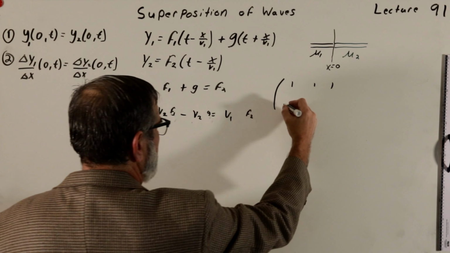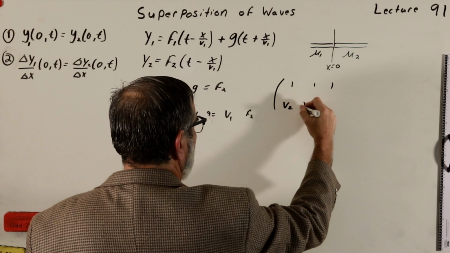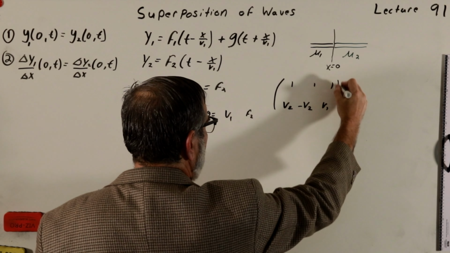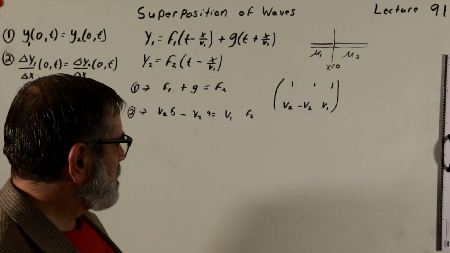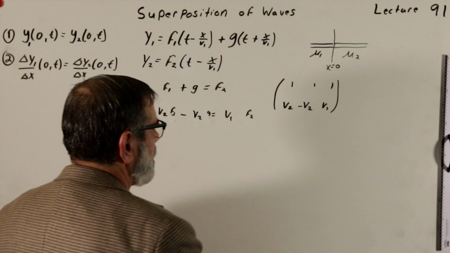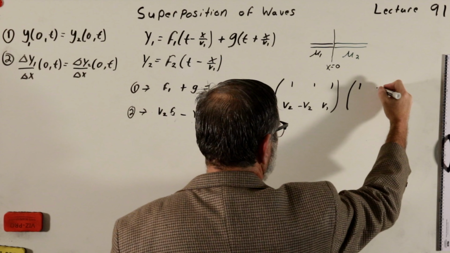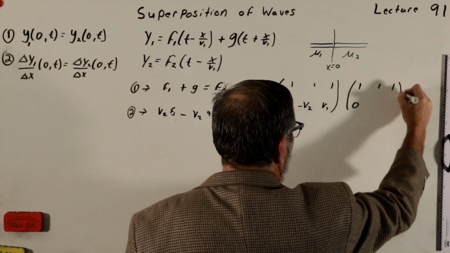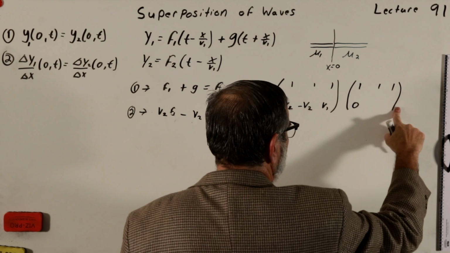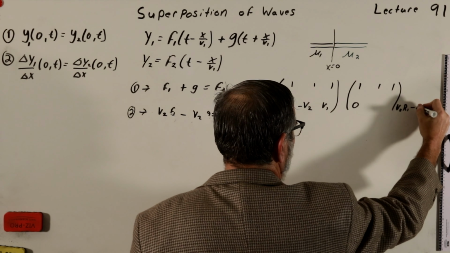Now I can write this row of the matrix as v2, minus v2, and v1. And now I can attempt to get it into reduced row echelon form, using Gaussian elimination. The first step could be to get rid of this v2, which I could do quite easily. I would take v2 times row 1 and subtract row 2.